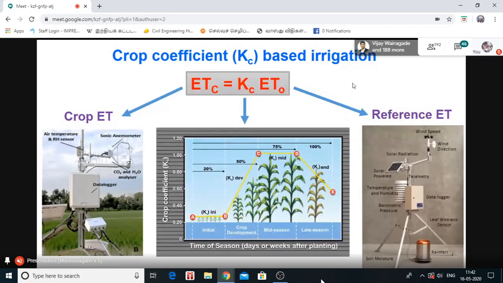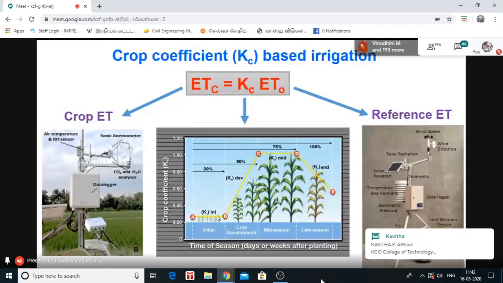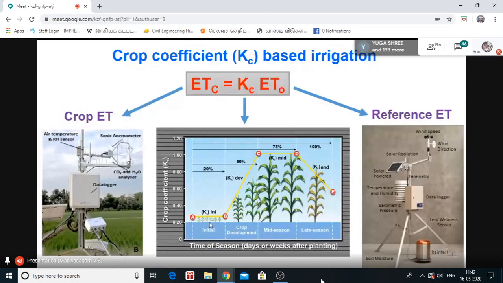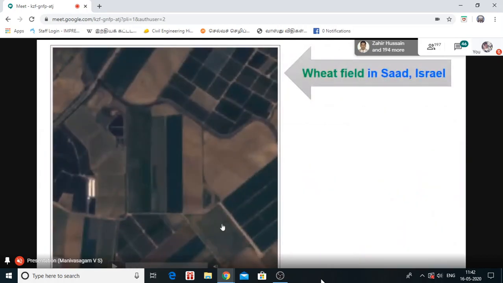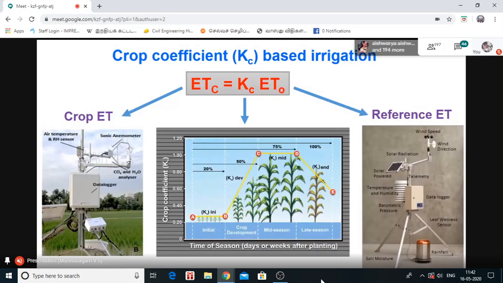The next one is we have to calculate the crop coefficient. If you see the figure in the middle, it shows the various stages of the crop growth. Initially, in the beginning, the crop growth is very minimum. Over the period in the vegetation stage, the crop growth attains its peak rate.